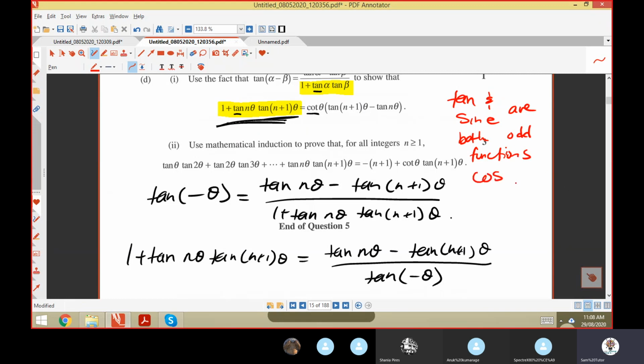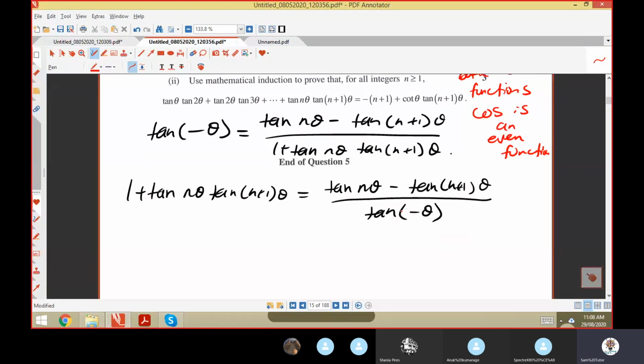Cosine, or cos in other words, is an even function. What does that mean? That means if tan is odd, what's tan of negative theta? It's the same as negative tan theta. Negative f of x.